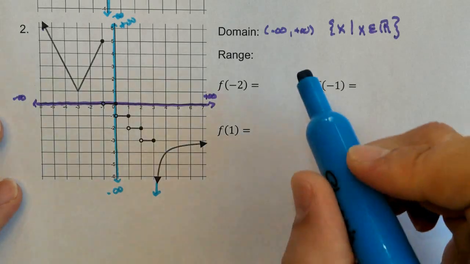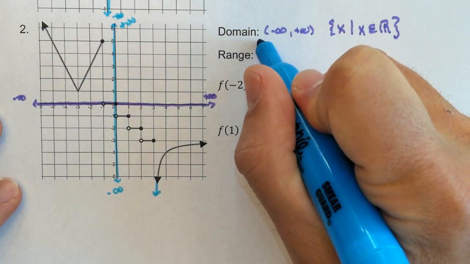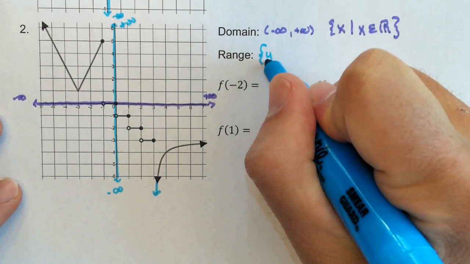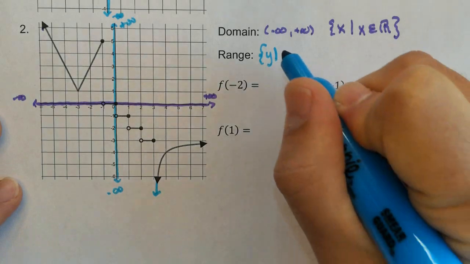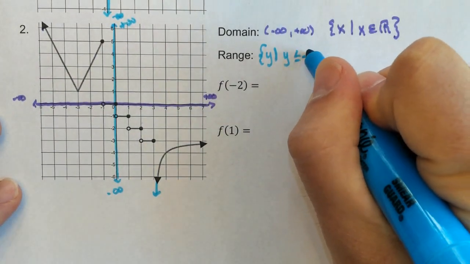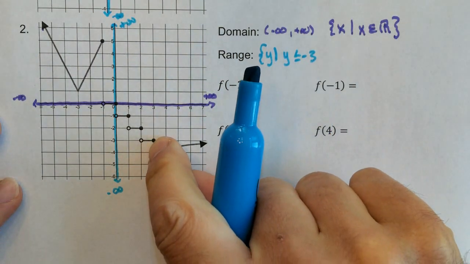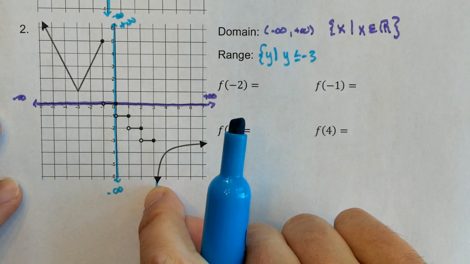So as we write this, I'm going to do it all in set notation: all the y's such that your y's are less than or equal to -3. We can see that right there. We're equal to at -3 and we go down.